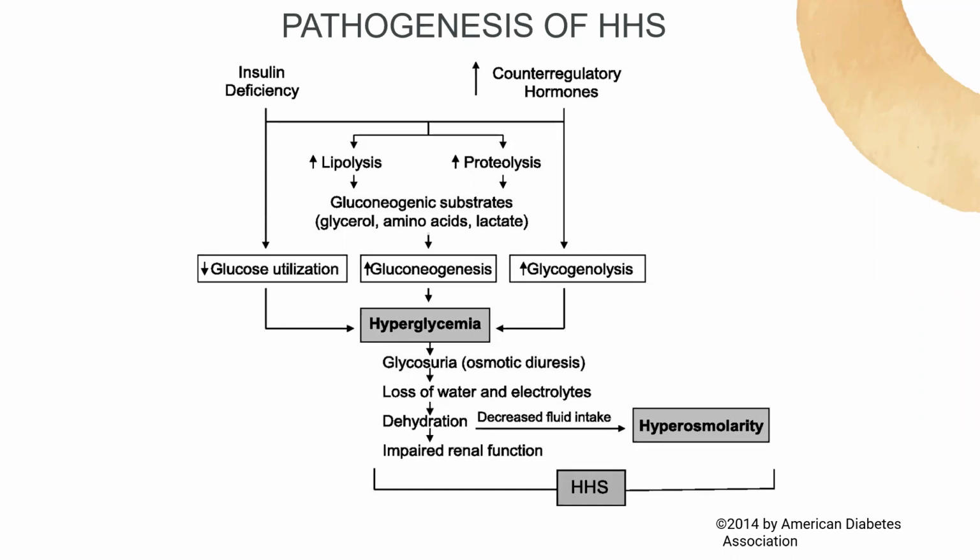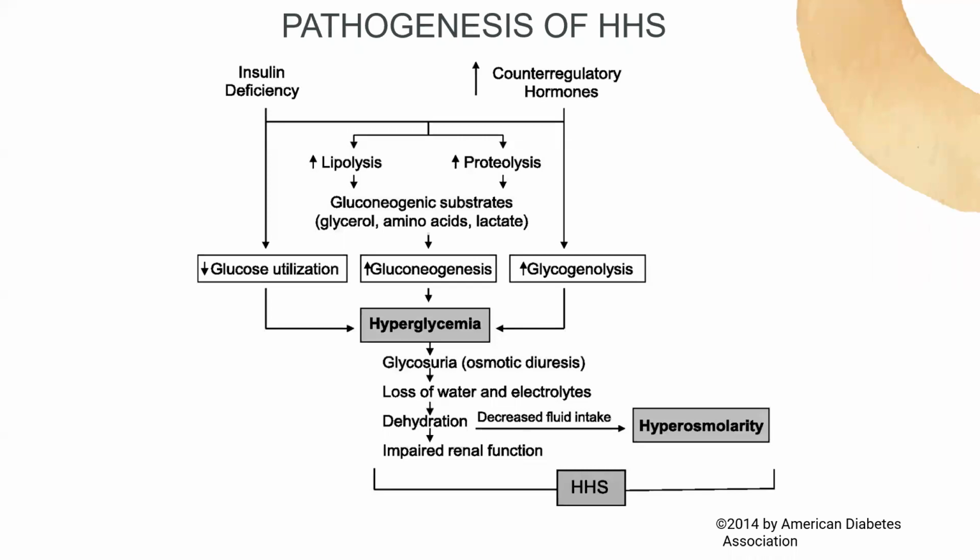The pathophysiology of HHS is almost the same as DKA, but it does not have very significant ketone body production. So it is more characterized by the profound dehydration suffered by the patient, whereby very high glucose causes glycosuria, and then osmotic diuresis will occur, causing the loss of water and electrolytes from the body, and the patient will be very dehydrated.